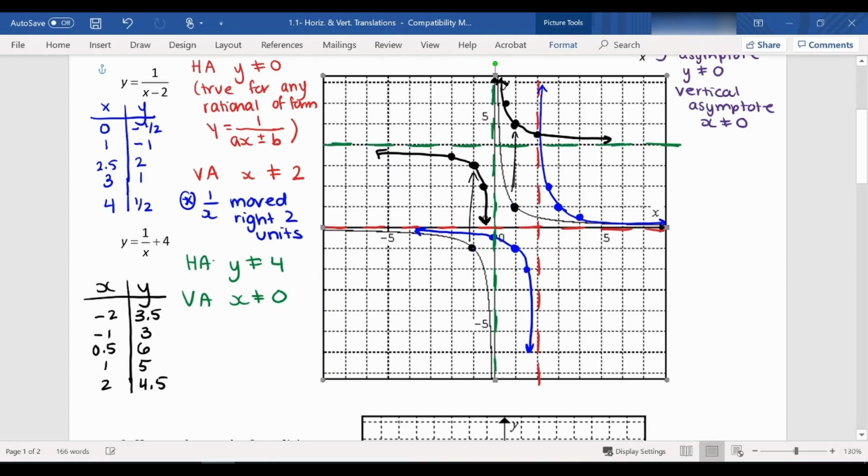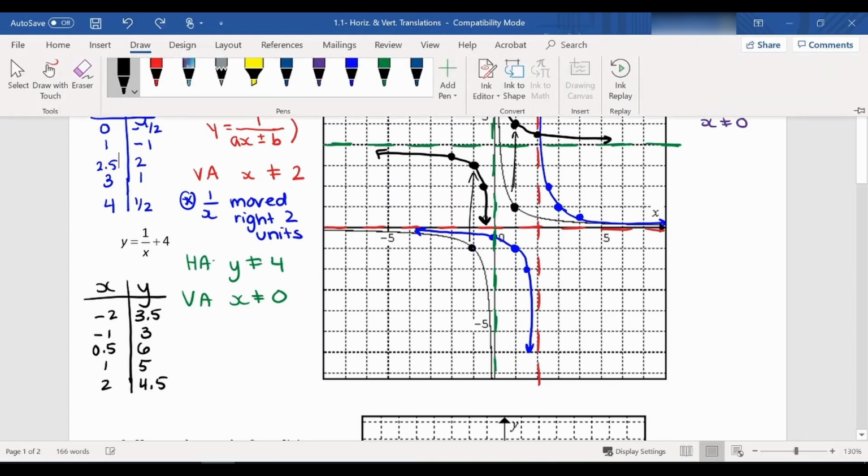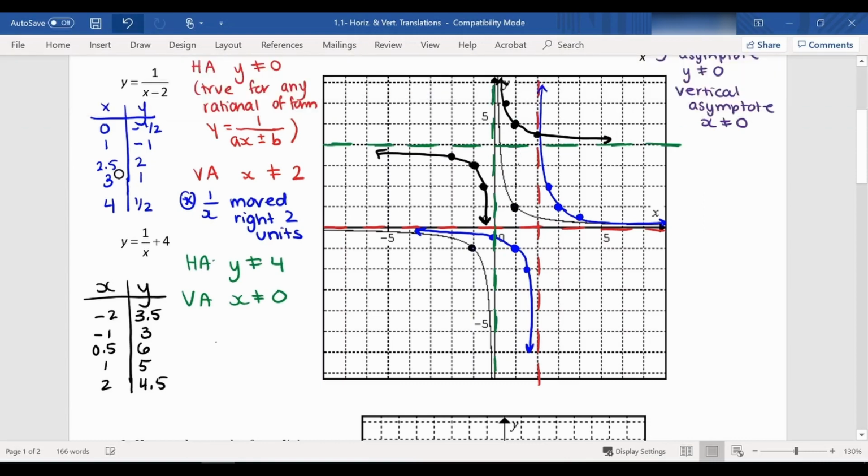What else moved was our horizontal asymptote. Our horizontal asymptote also moved up by 4 units. Okay, so this one is 1 over x moved up 4 units.